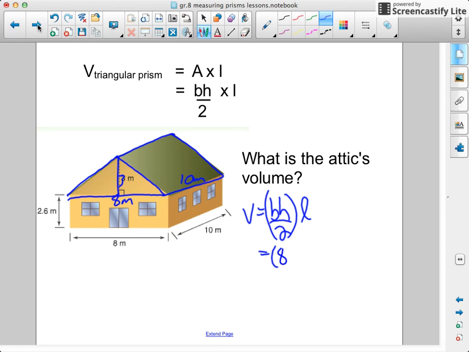Base is 8 times the height of 3 divided by 2 times the length of 10. And what I end up getting there is 120 meters cubed. So that is volume of rectangular and triangular prisms.